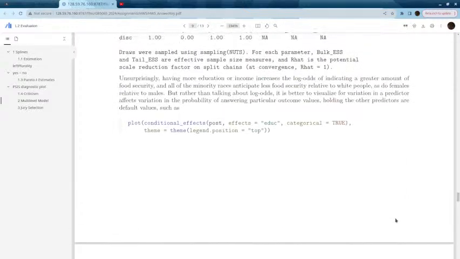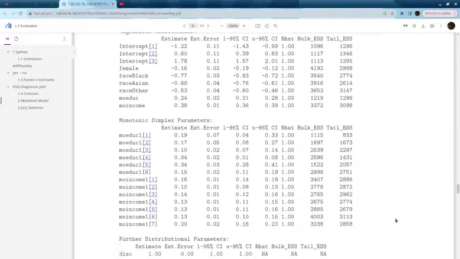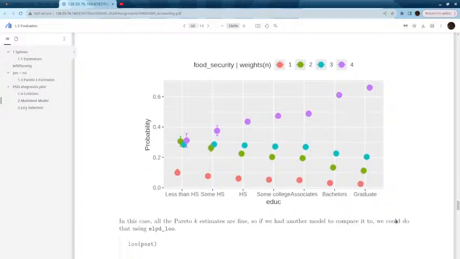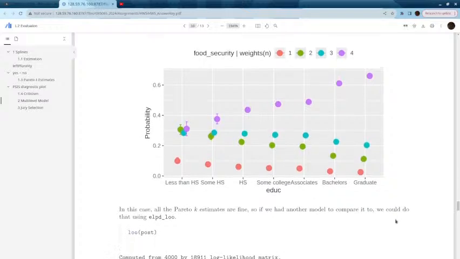But just talking about this in terms of log odds is probably not the most effective way to convey your results. So much better to use a plot like this. It's showing how the probability of you answering the 4 different categories of food security varies as a function of education.